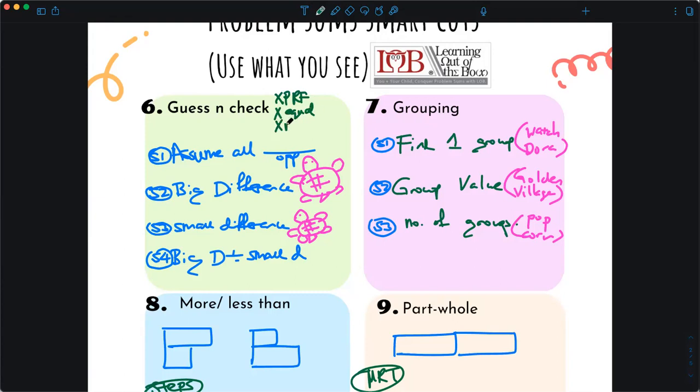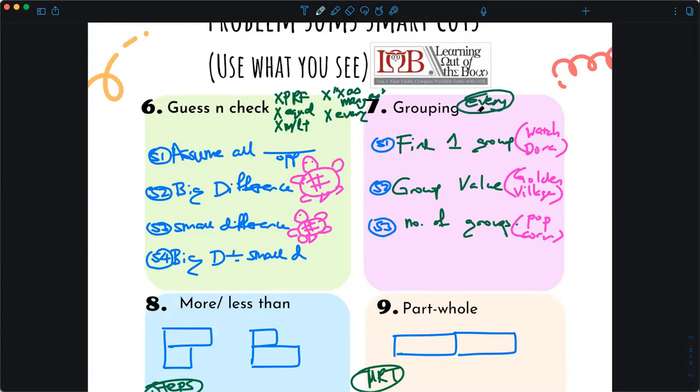There's no more or less than. There's no four times as many as. There's no every, because when you see the word every, it's grouping. So the keyword here is every.